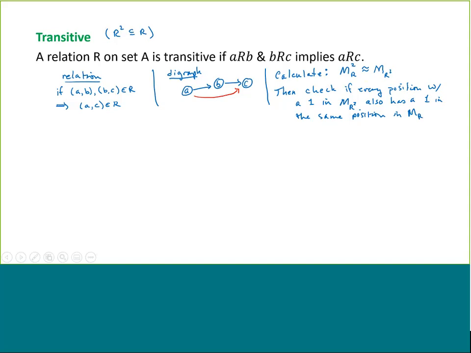So in terms of matrix multiplication, honestly, it's probably easiest to see this with an example. So let's go ahead and look at an example.